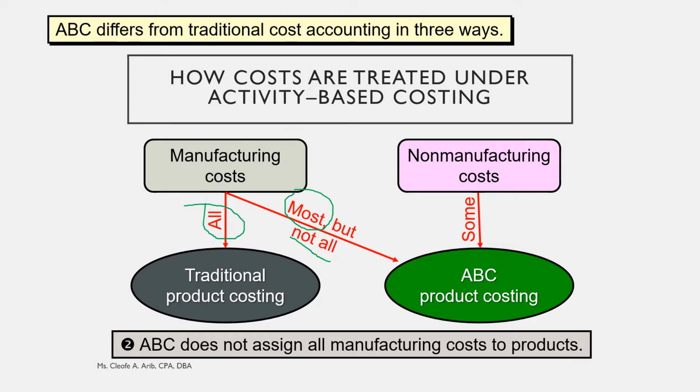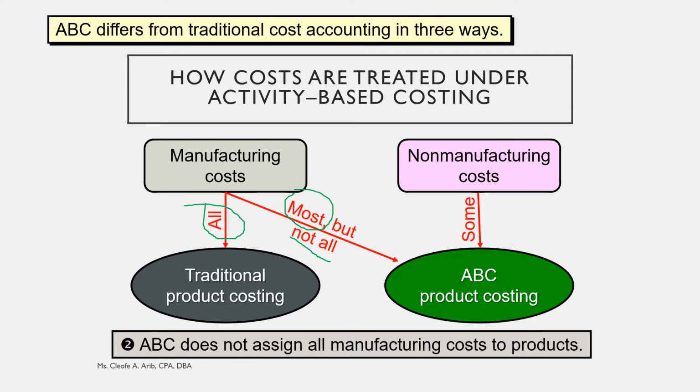So by now, I am sure you have realized that the main difference between traditional product costing and ABC product costing, based on the two slides we discussed, is that in traditional product costing, all manufacturing cost is charged as product cost.